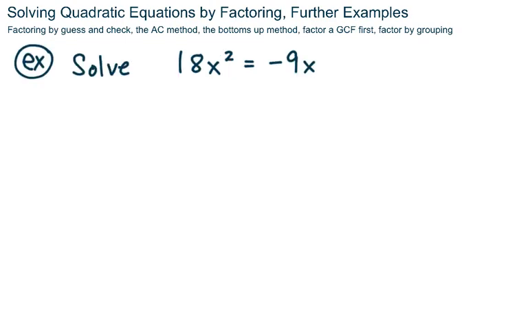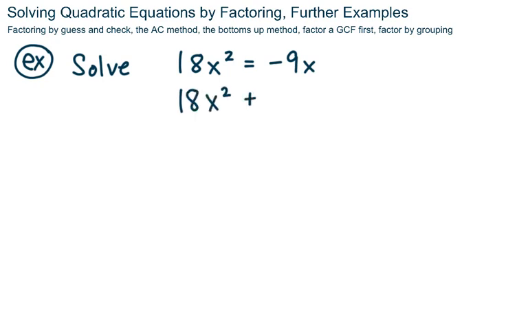This first equation that we're given to solve is 18x squared equals negative 9x. Now this does not look like our traditional standard form, but we recognize that this is a quadratic equation because we see x squared and then we have negative 9x over here being my linear term. So the first step is I'm going to put this in descending order.